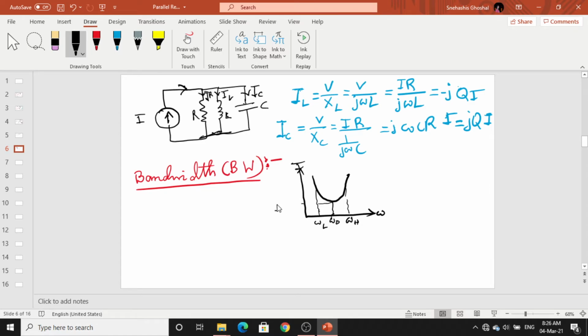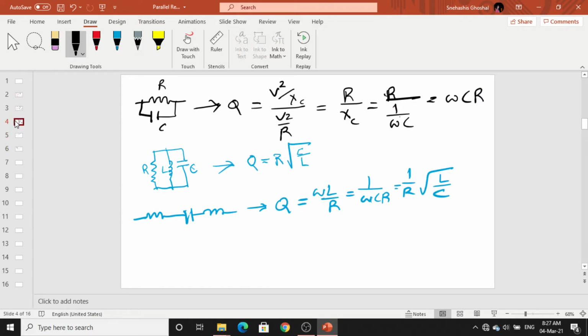This is the minimum current point. Current is minimum, that's why impedance is maximum, or admittance is minimum.